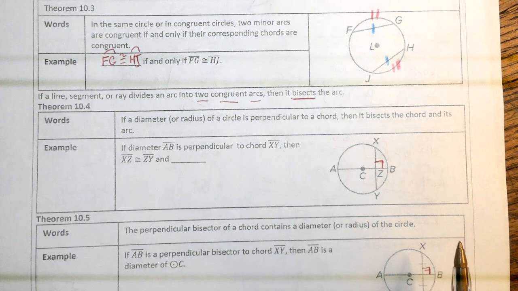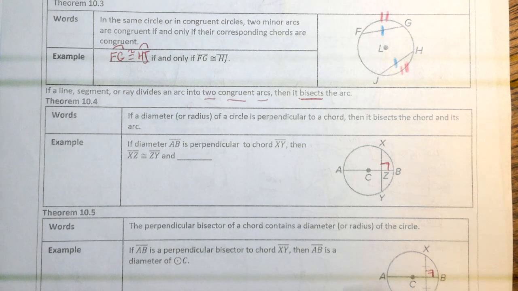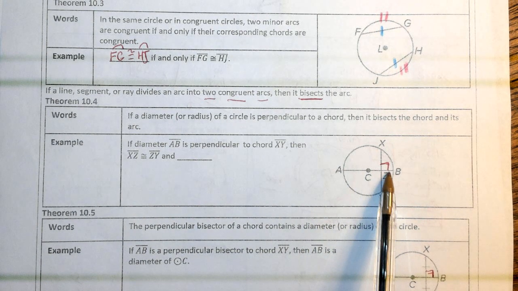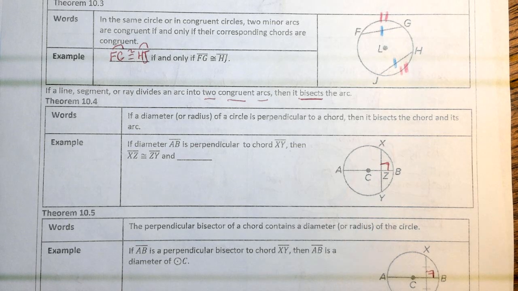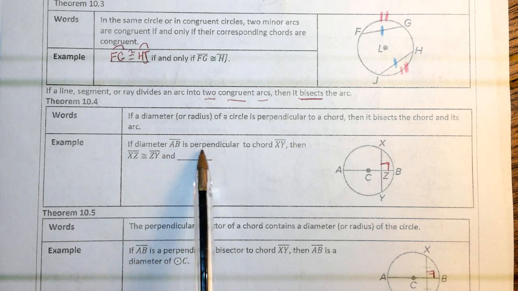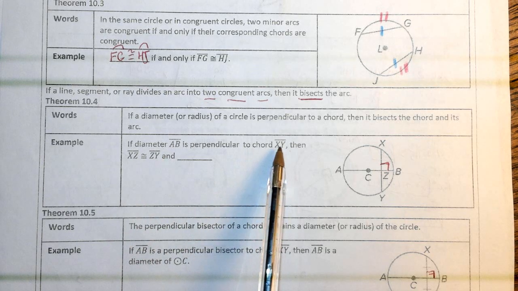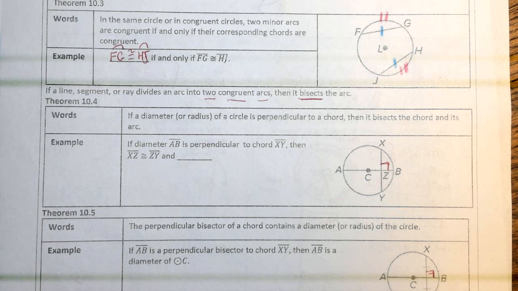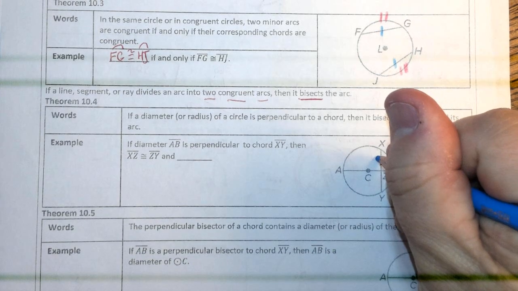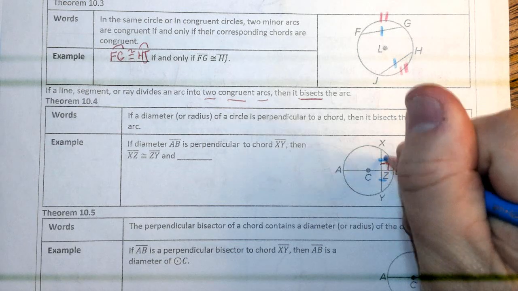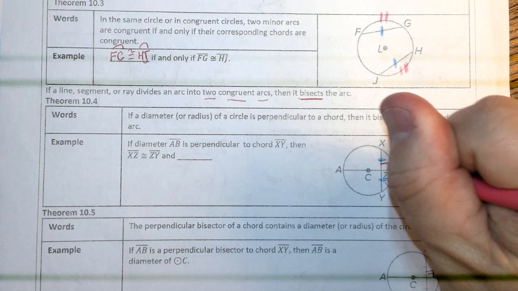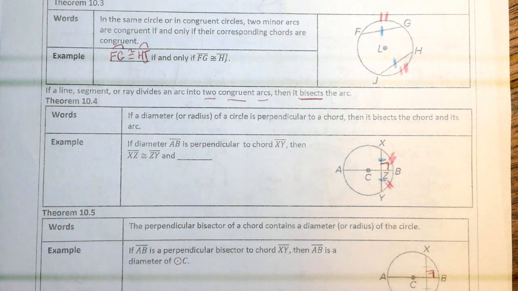All right, so sorry about that. So what that means, so this is your diameter, this is your chord. This means it's perpendicular, right? So if diameter AB is perpendicular to chord XY, then XZ equals YZ. So it splits this thing into two equal pieces, and it splits the arc into two equal pieces.